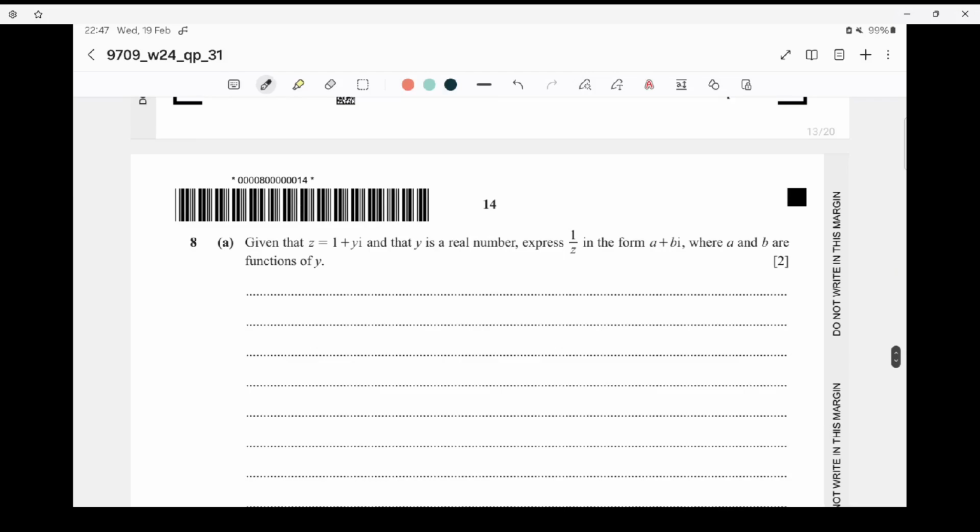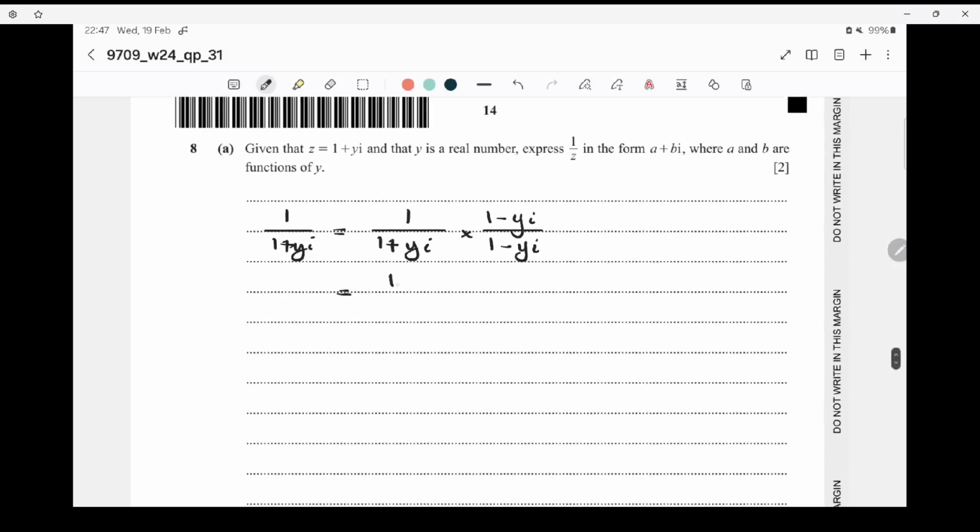8a, express 1 over z in the form of a plus bi. So z is given as 1 plus yi. So what you need to do is to multiply with 1 minus yi, then divide by 1 minus yi.